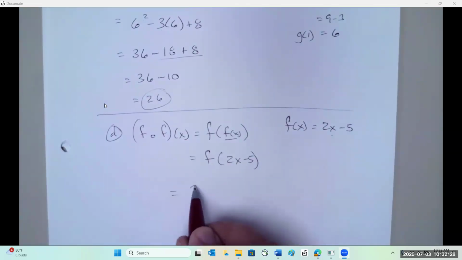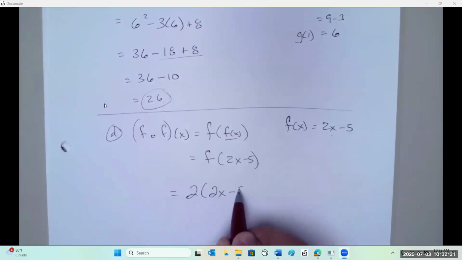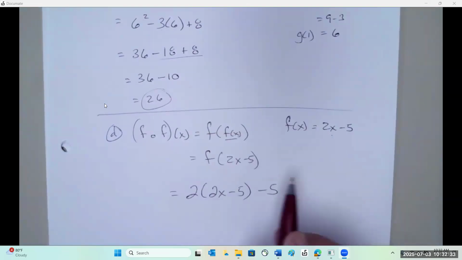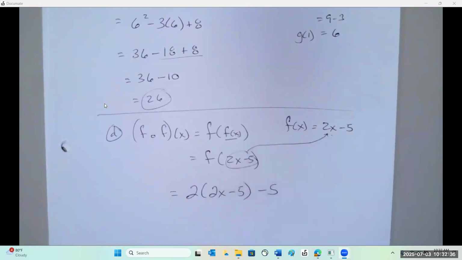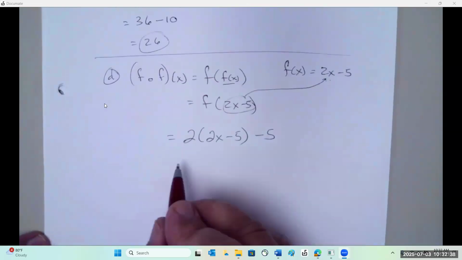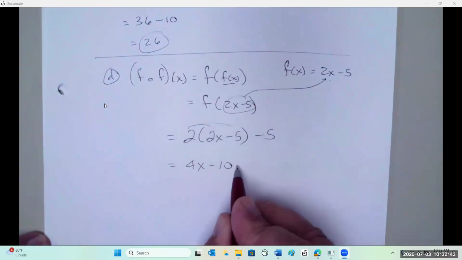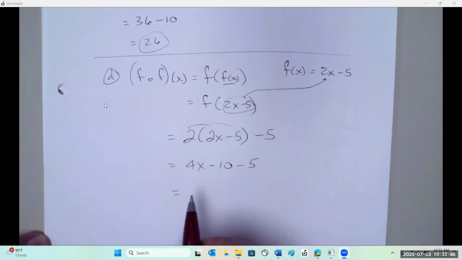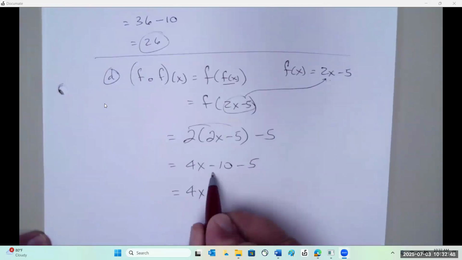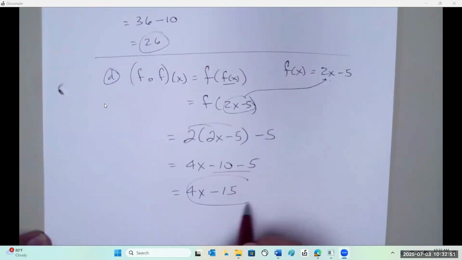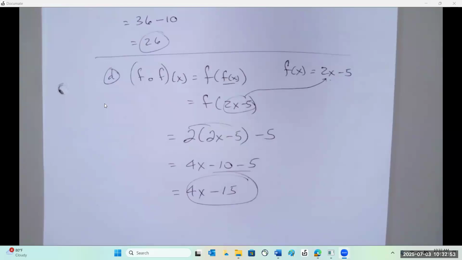So it becomes 2 times (2x minus 5). So here's my x value. Get rid of the parentheses. 4x minus 10 minus 5. They're both negative, so I add them. So there's my answer. What do y'all think? It's just numbers, you've got to make sure you work together.